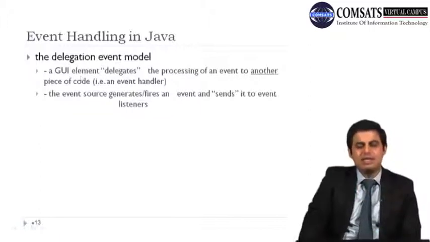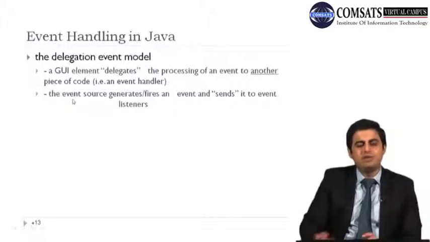If there is any change in the event, it is delegated to the event handler, and the event handler takes the action accordingly. The event source generates or fires an event and sends it to the event listener.